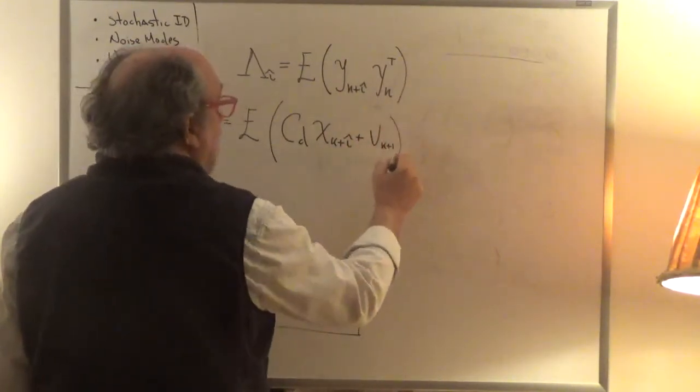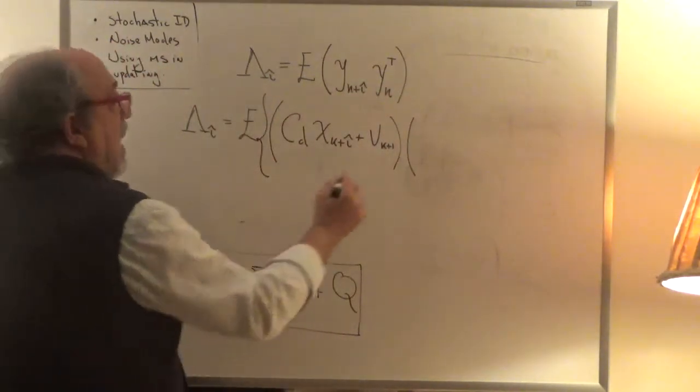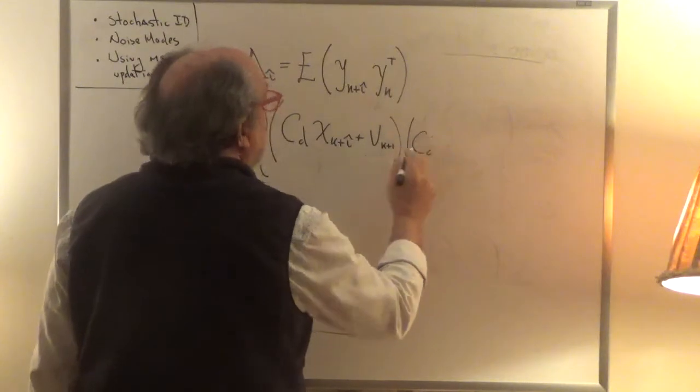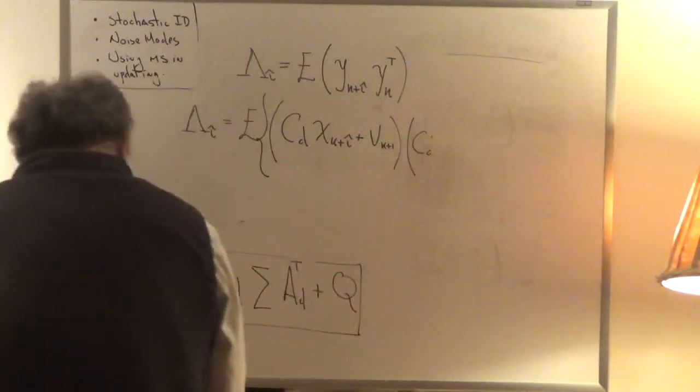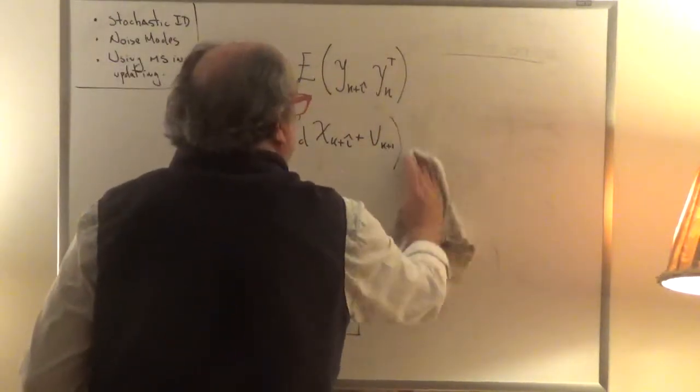That's the first thing. And then we're going to have to multiply it times y k transpose, and y k transpose is going to be what?